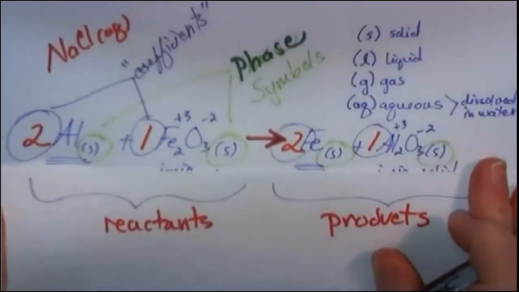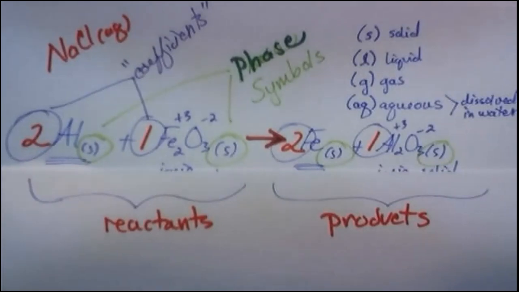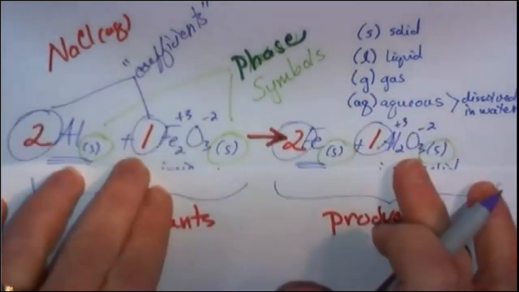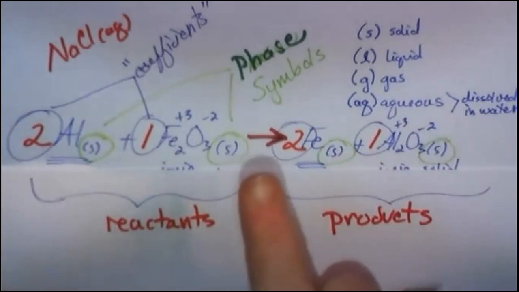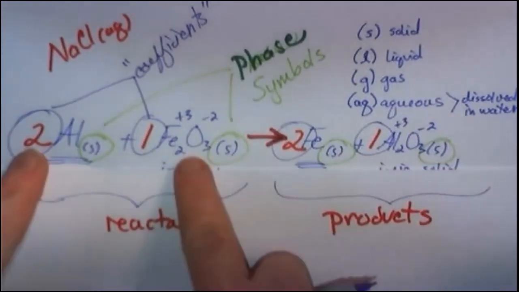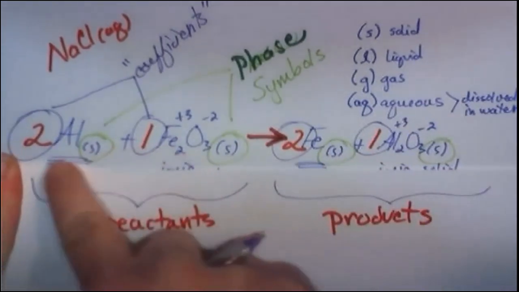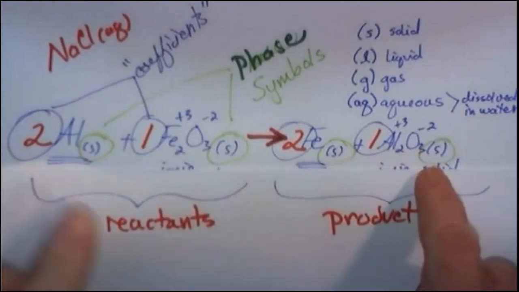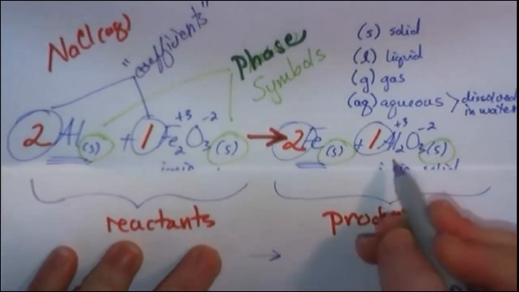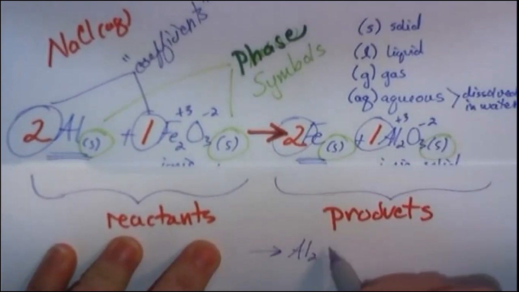All right, there can be some other things that are conveyed to us within the chemical reaction. Now, before I forget to say this though, it doesn't matter the order that reactants come or products come. So it would be the same thing if I wrote Al2O3 plus 2Fe.